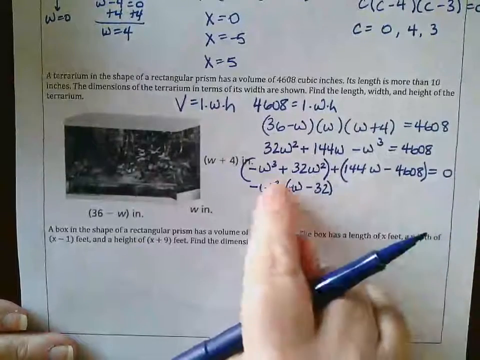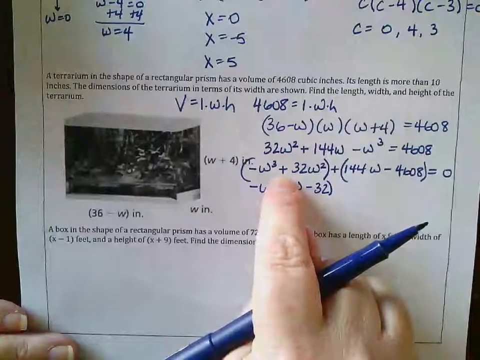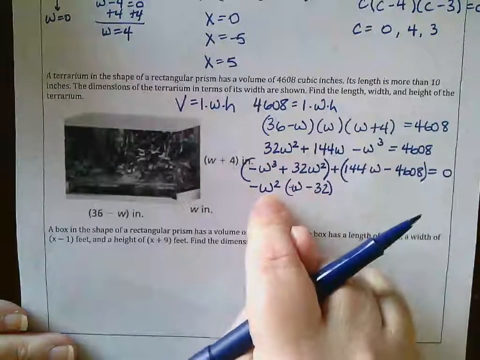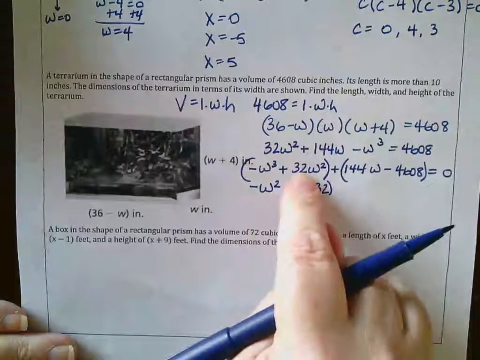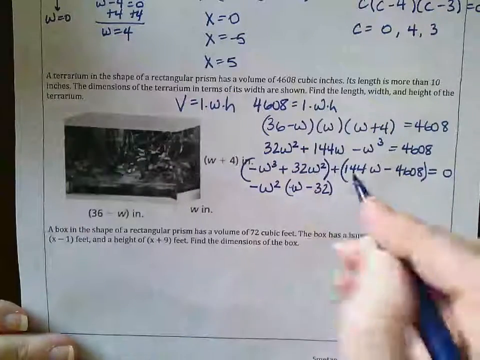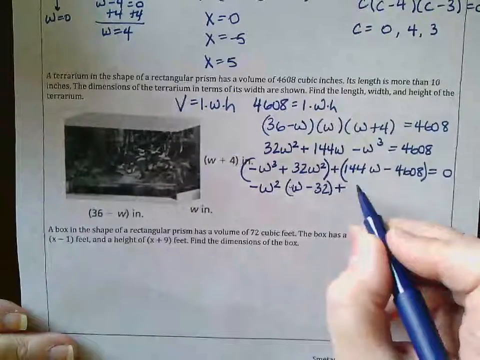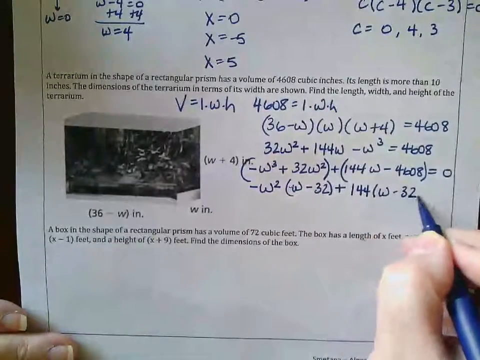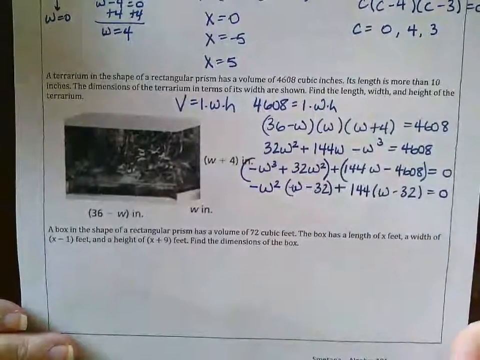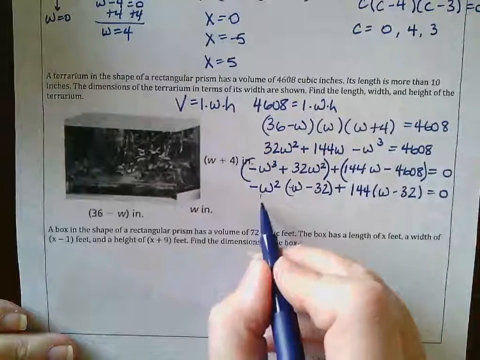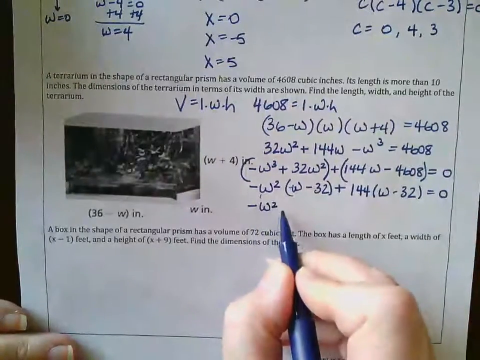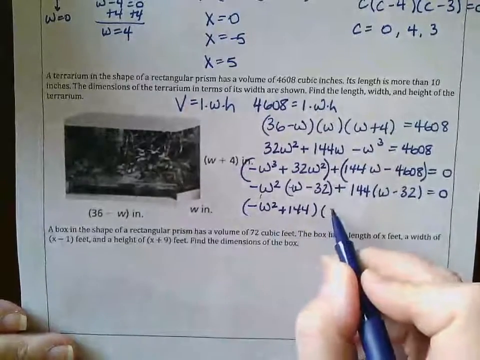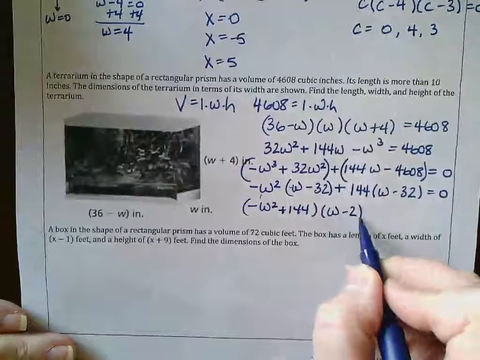I want you to take a look at this. This was a plus, but once I pull out a negative, it makes it negative, because a negative times a negative is a positive, and that's what your result would have been if you were multiplying those. And you have 144 that you can pull out of here, and you get w minus 32. So you get negative w squared plus 144 times w minus 32.